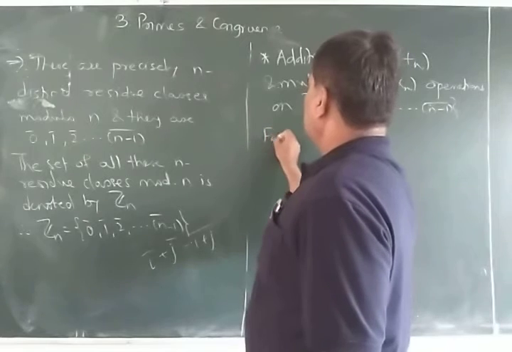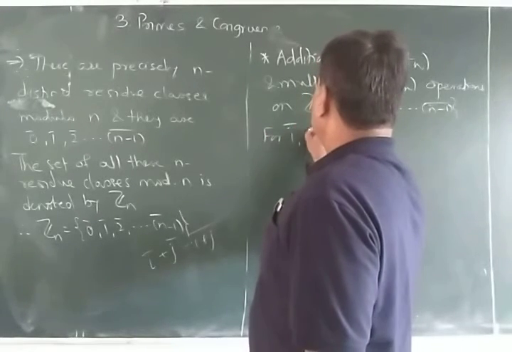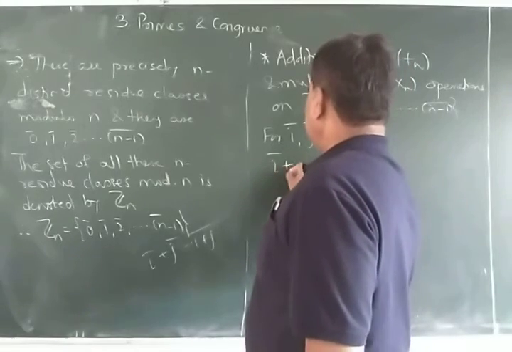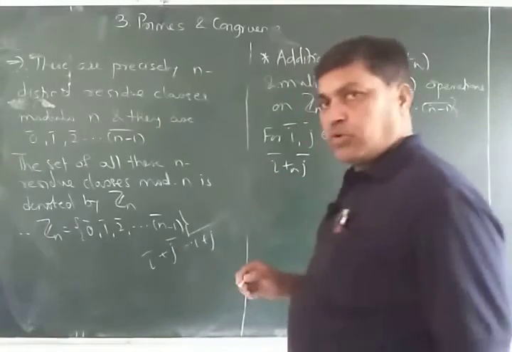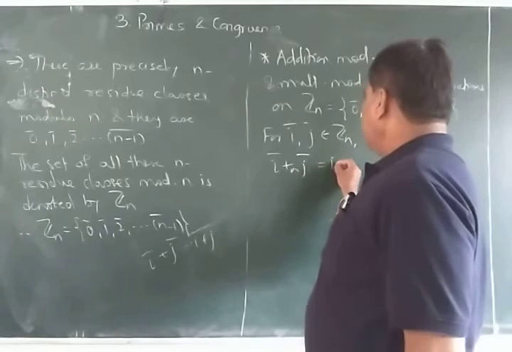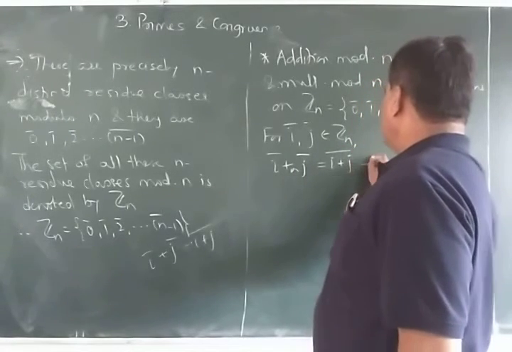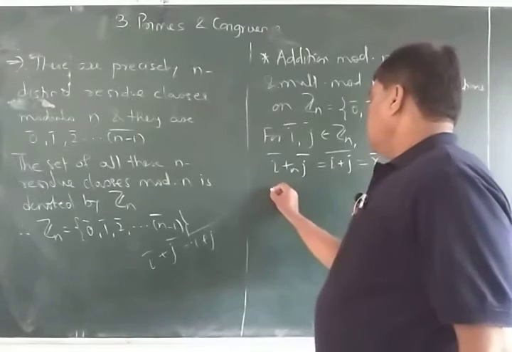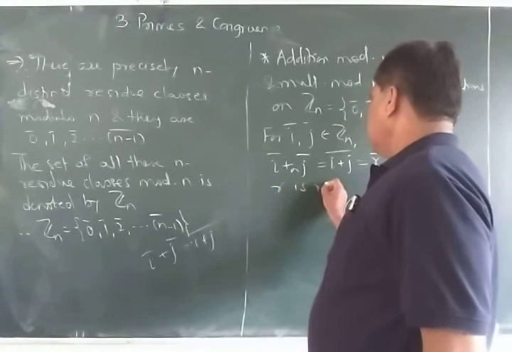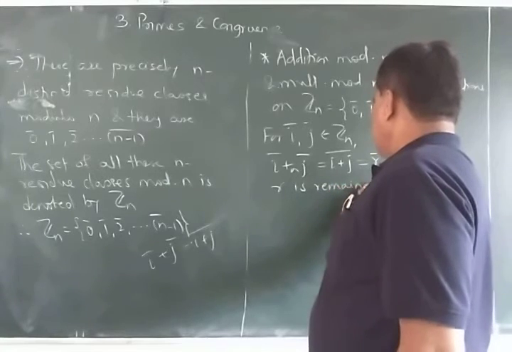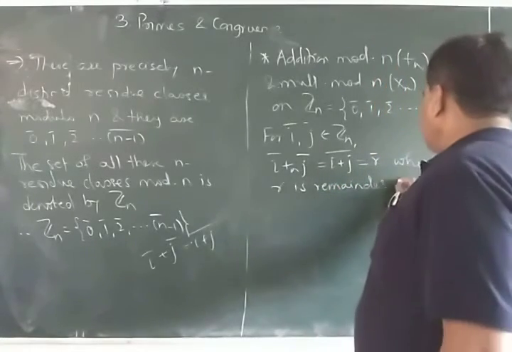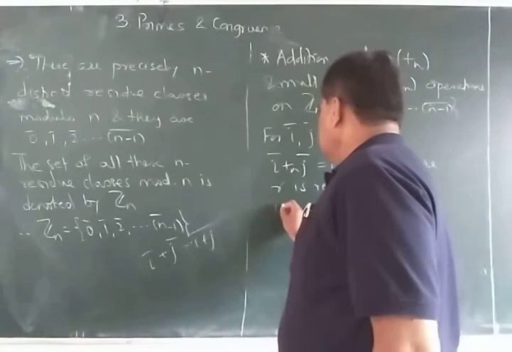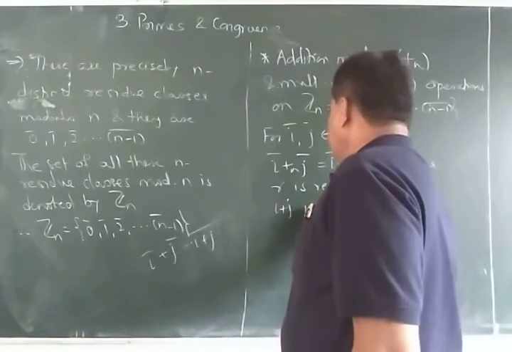So for i bar, j bar belonging to Zn, i bar plus j bar, addition modulo n, is equal to i plus j bar, which is equal to R bar, where R is the remainder when i plus j is divided by n.